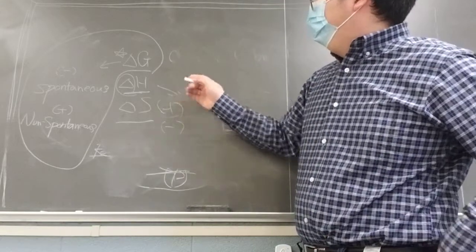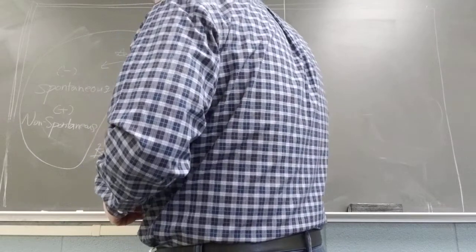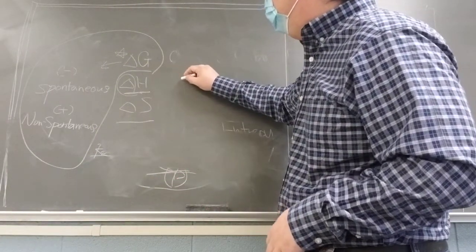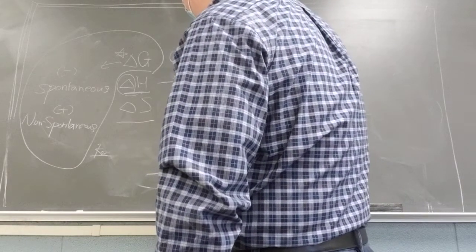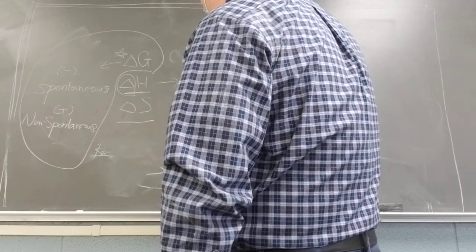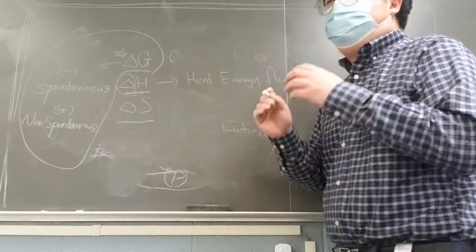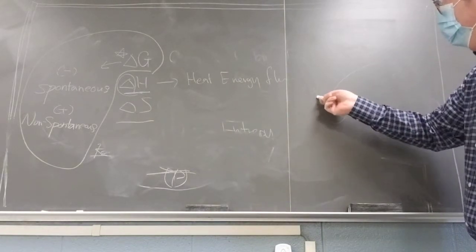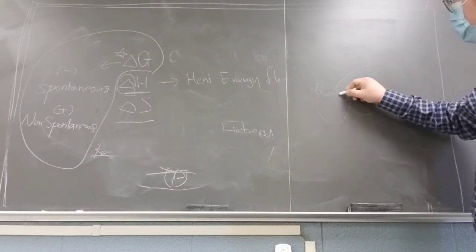Entropy-wise, this is about your heat energy flow, or just heat. If heat is going out from the system, which is your reaction, this is an exothermic reaction because it's getting out.